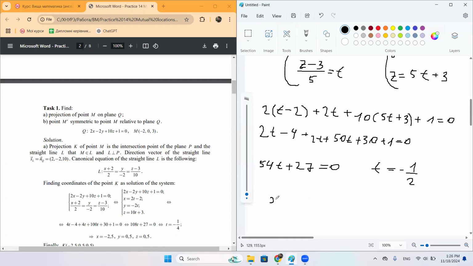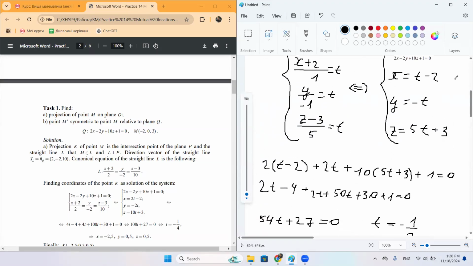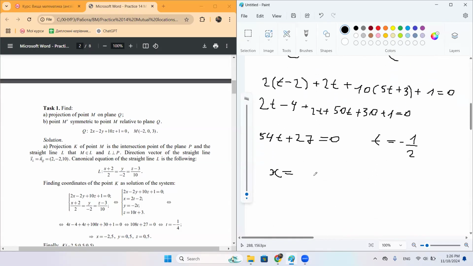So x equals minus 1 second. So minus 2.5. Oh, by the way, it's correct. Yeah. So basically, everything is correct, but here we need to multiply by 2.